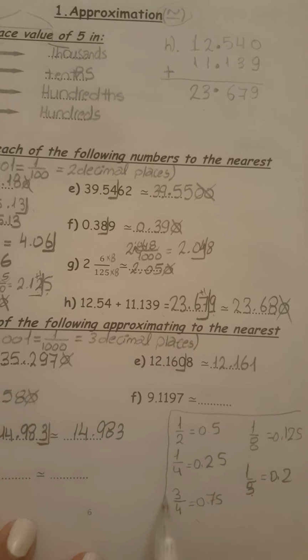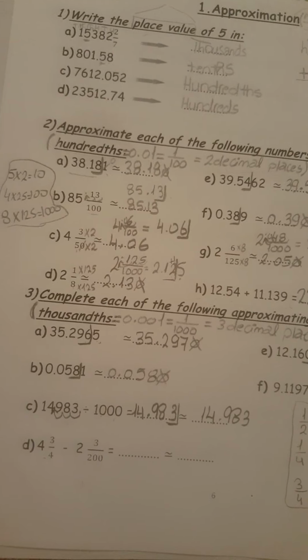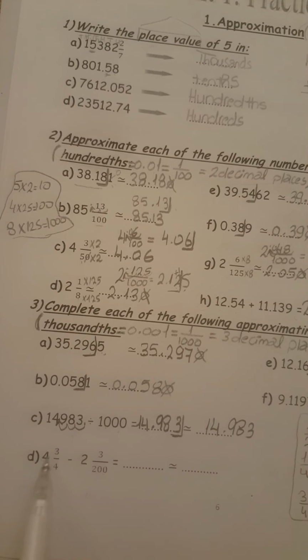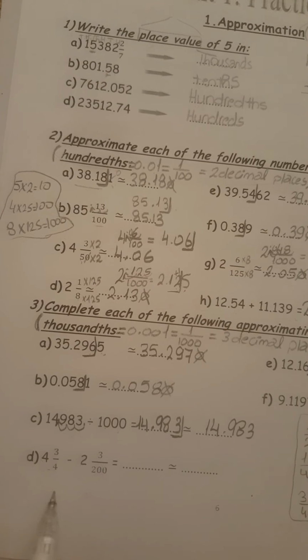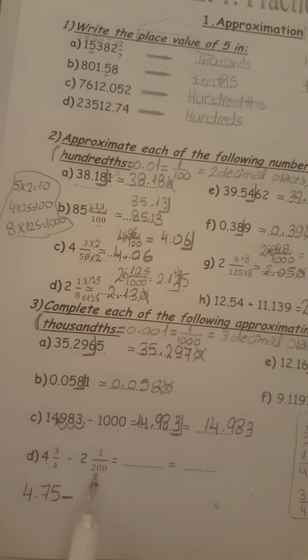So we must memorize it to make it easy to answer these. Here, 4 and 3 over 4. I will not do the steps. Instead of doing times 25, times 25, no, I know that 3 over 4 is 0.75, so it's 4.75 minus 2 and 3 over 200.